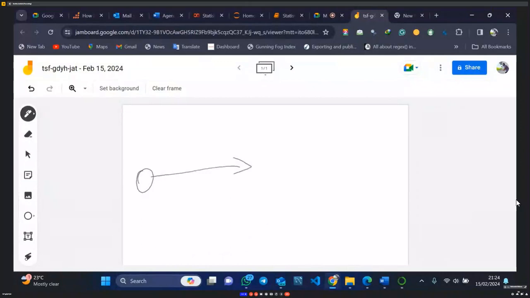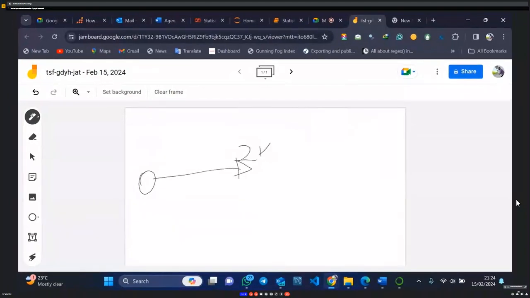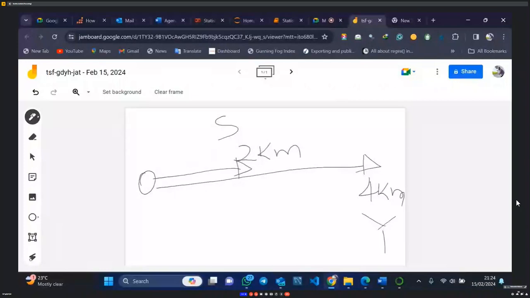Then one point comes to 2 kilometers. Here. And I'm not a good drawer. So this is what you explained, Ian. Hope people have understood.